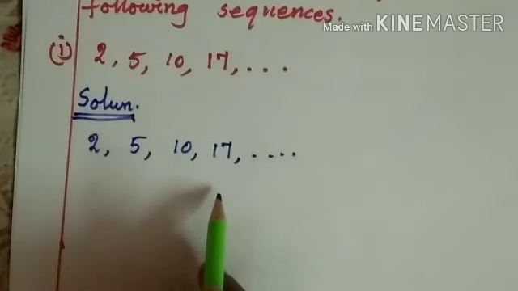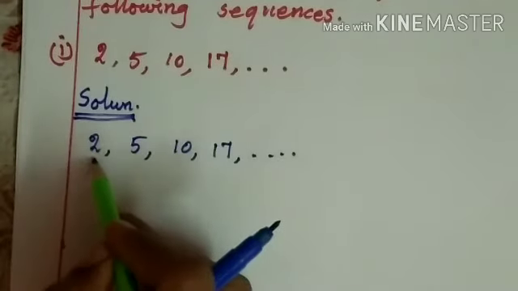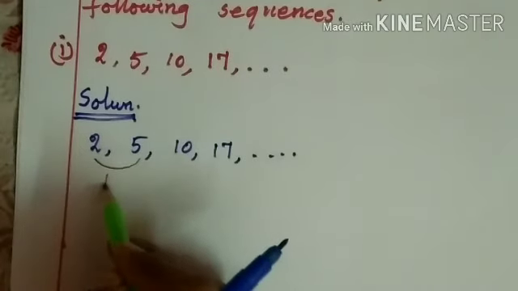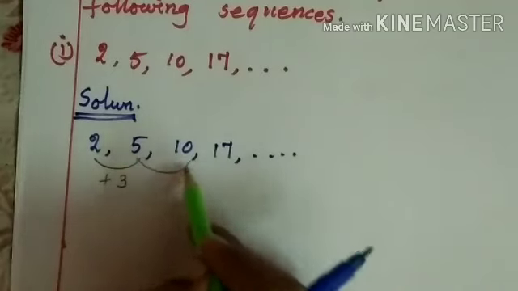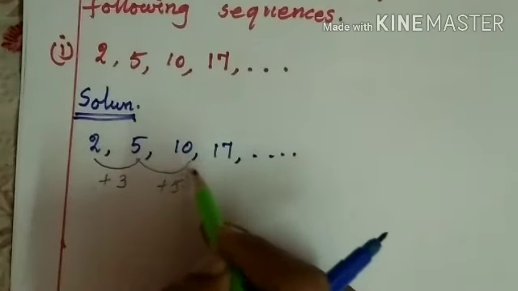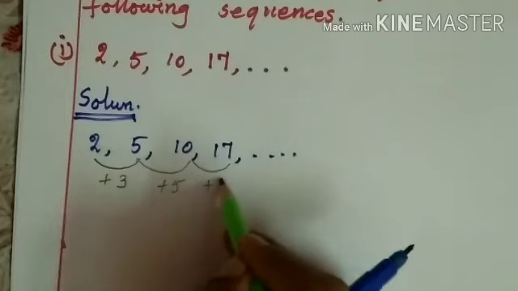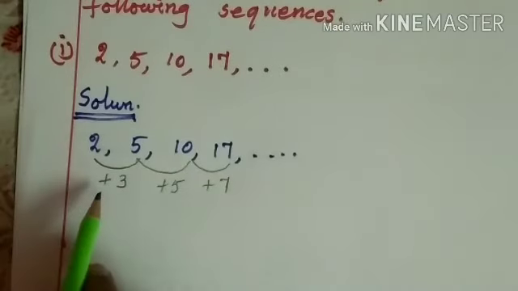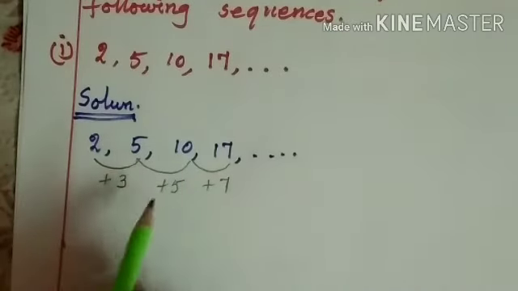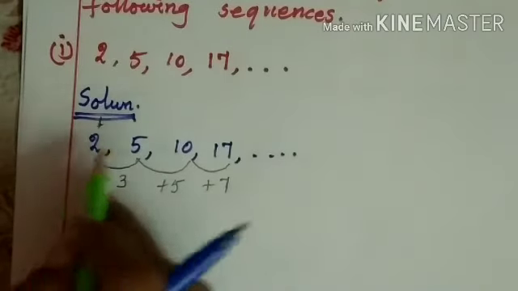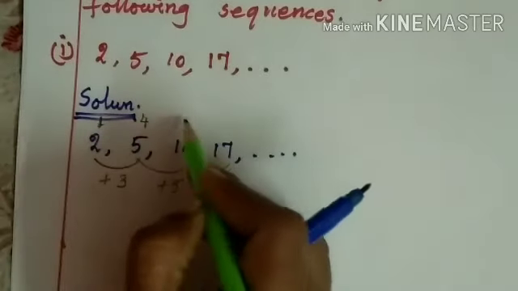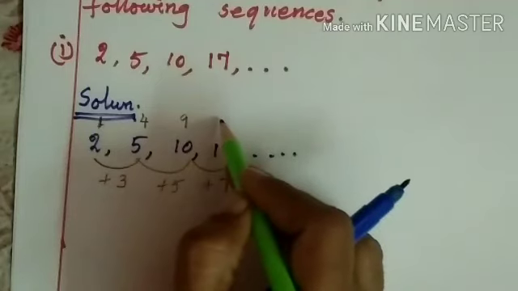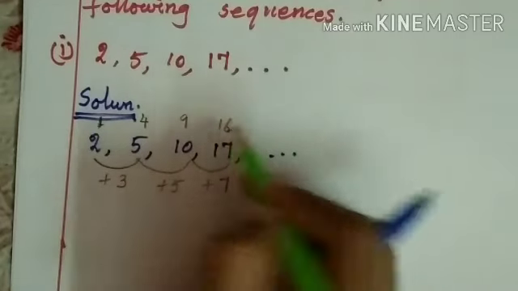First you have to find the common difference. 2 plus 3, 5, then 5 plus 5, 10, then 10 plus 7, 17. So here the common differences are different. So you have to write the square of natural numbers at the top of the sequence. 1 square 1, 2 square 4, 3 square 9, 4 square 16.